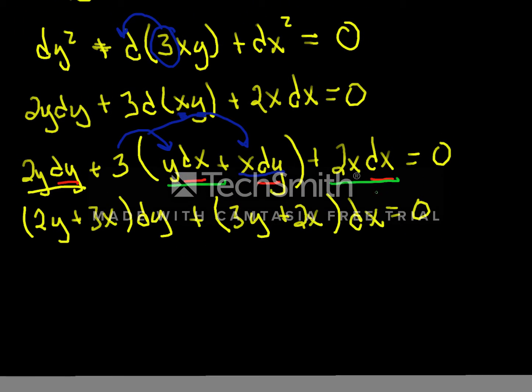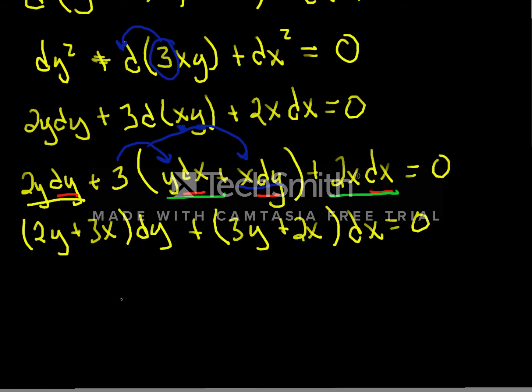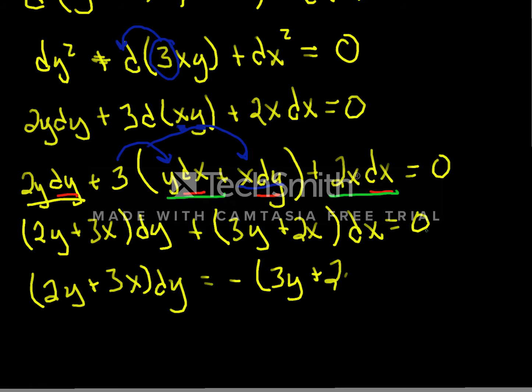Now I want to solve for dy/dx, so I'll bring this over, getting that 2y plus 3x times dy is equal to negative 3y plus 2x times dx. I want to get the dx under the dy, so I'm going to divide by dx on both sides.